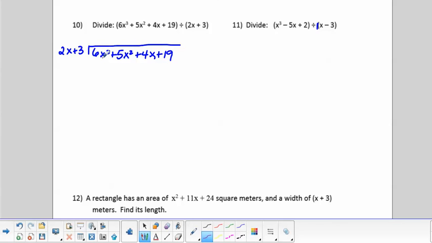Okay, so first we think 6x cubed divided by 2x. 6x cubed over 2x gives me 3x squared, and I write that above its like term, 3x squared. Now I multiply 3x squared times 2x plus 3.